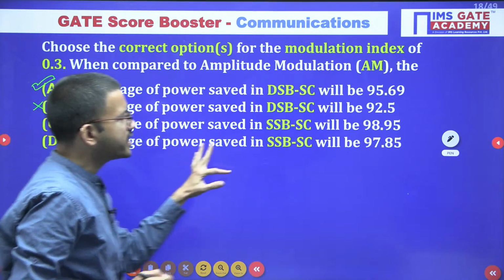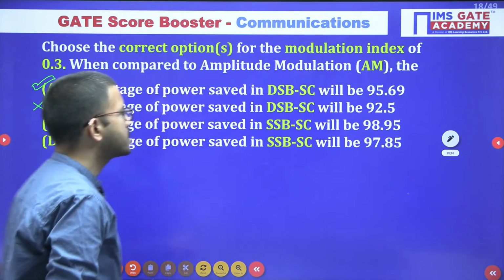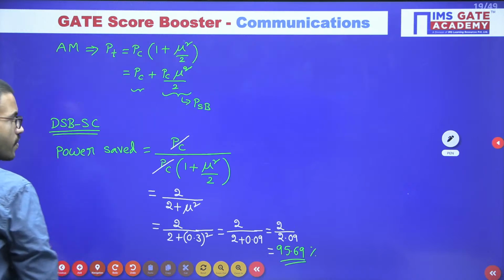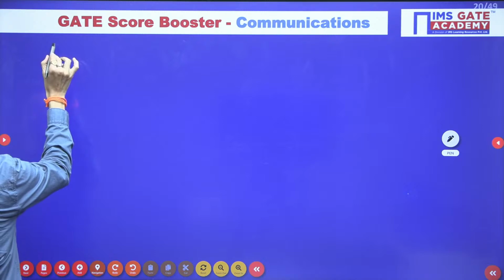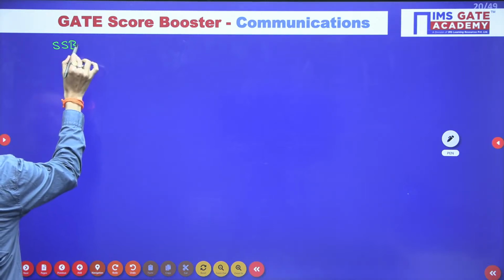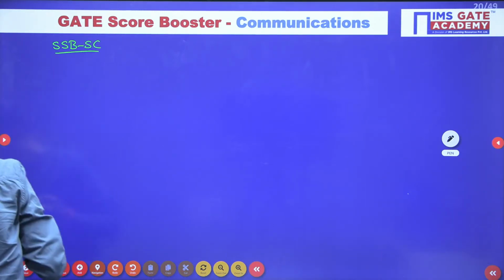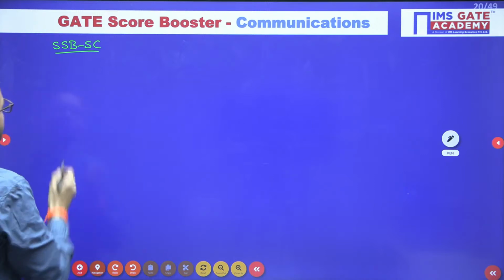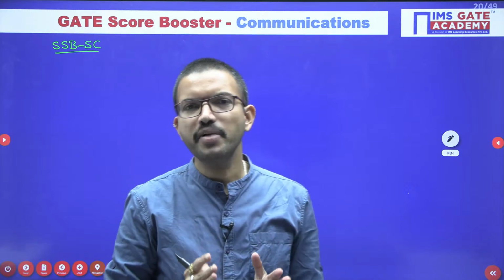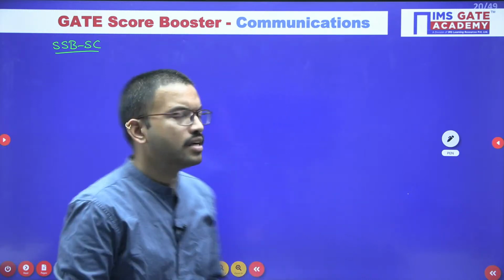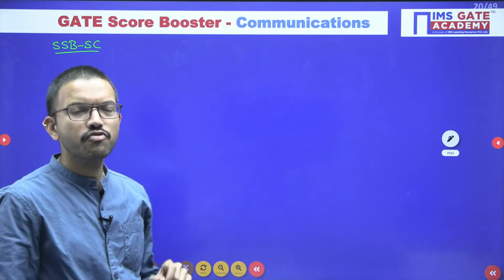Now let us find out regarding SSBSC. The full form of SSBSC is single sideband suppressed carrier. In this particular modulation technique, we are passing only one of the sidebands.